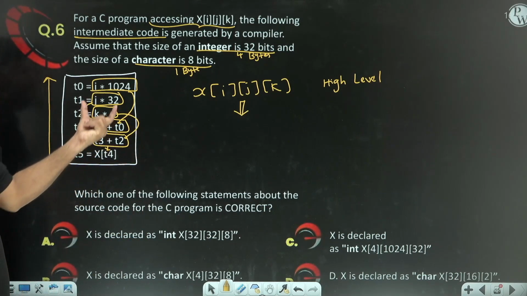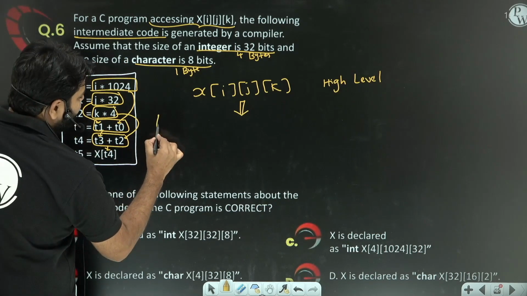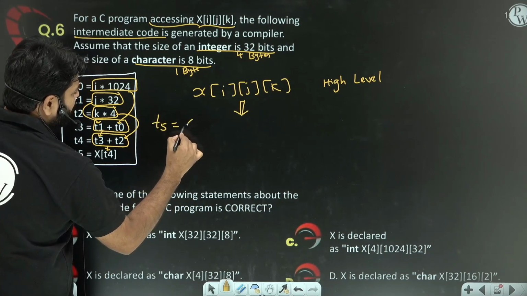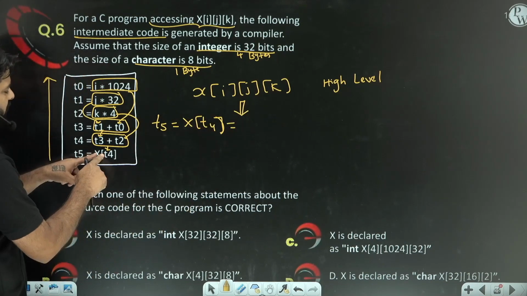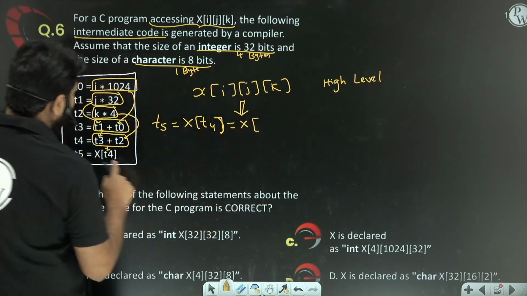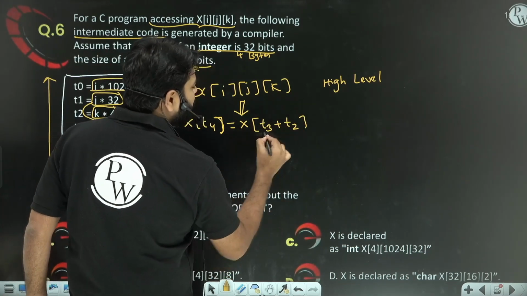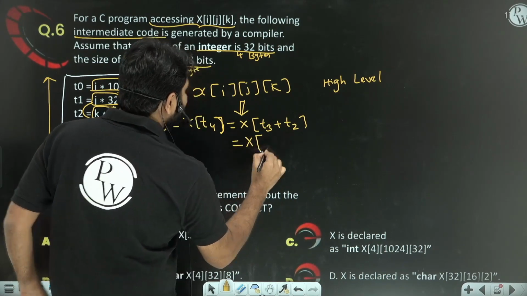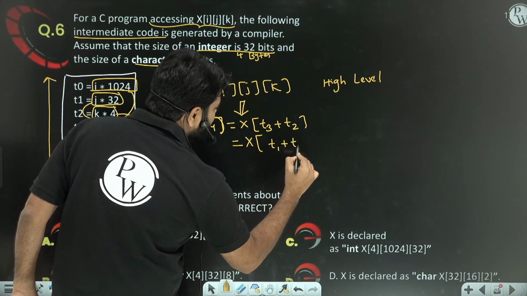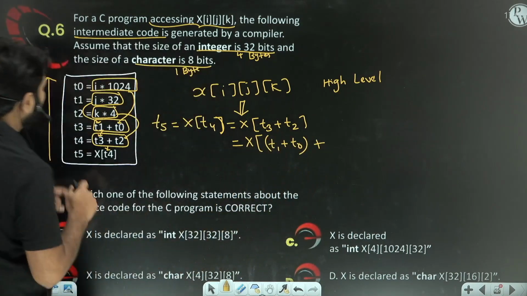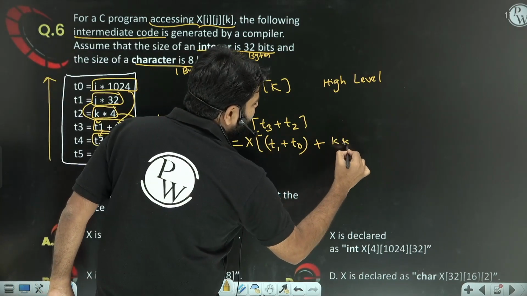So you need to understand how to substitute it. So I'm just doing it, but at the end I'll write only one expression. Remember, T5 is equal to x of T4. X of T4. And what is T4? T4 is T3 plus T2. What is T3 plus T2? T3 is what? T1 plus T0. Put that. What is T2? T2 is nothing but k multiplied with 4. I'm just doing most of the things in a single scan.